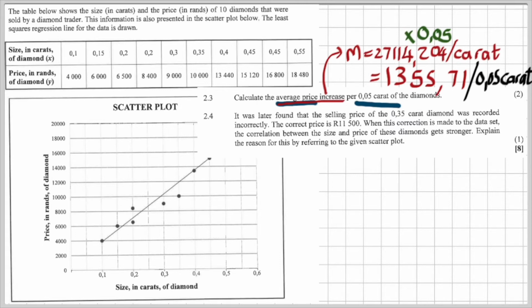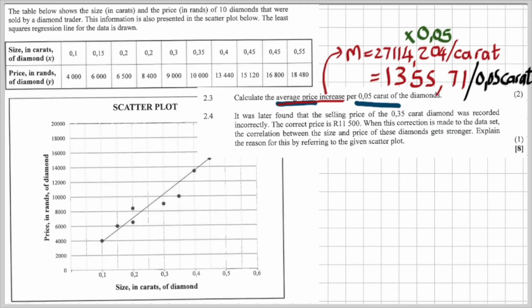Now we get a very, very interesting question. Question 2.4. It was later found that the selling price of the 0.35 carat diamond was recorded incorrectly. The correct price is actually 11,500 Rand.